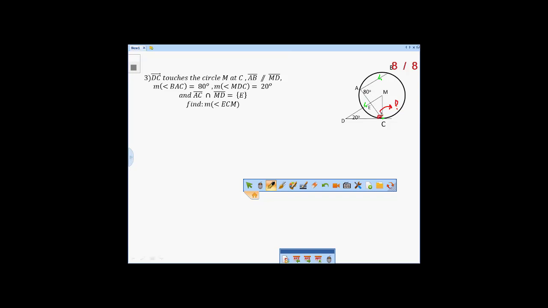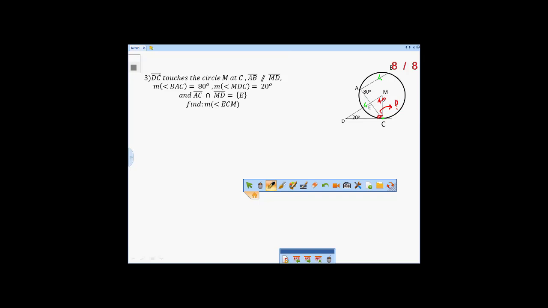I have here PA is parallel to MD. So I must use this parallel. But before I use this parallel, I can find the measure of angle M here. The sum of the measures of the interior angles of a triangle is 180. So the measure of this angle is equal to 180 minus (90 plus 20), it will be 70 degrees.